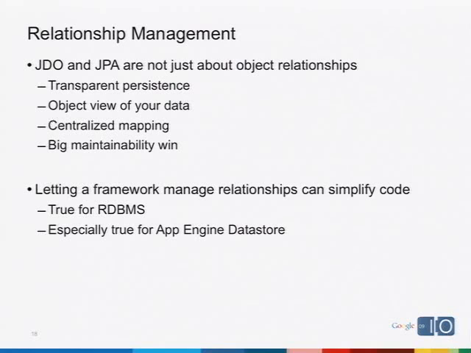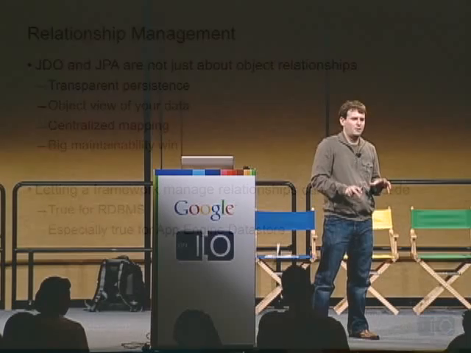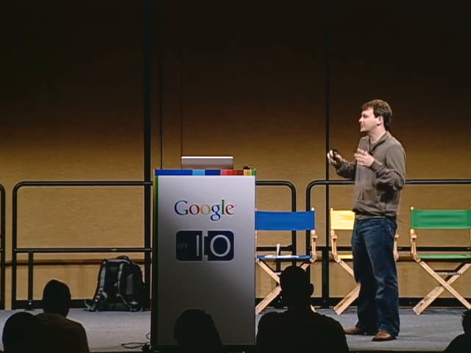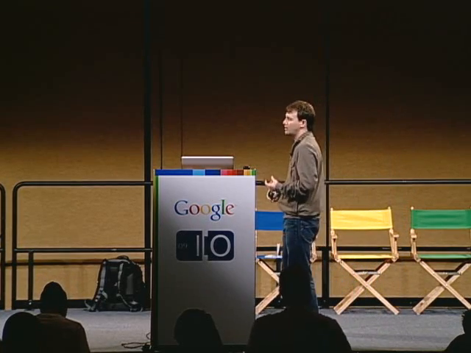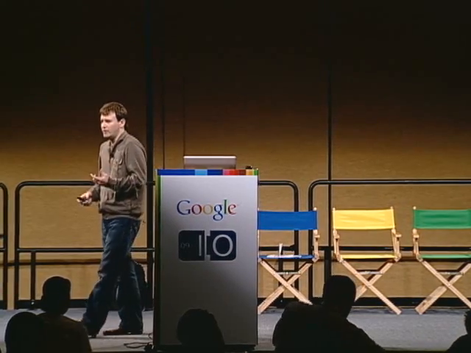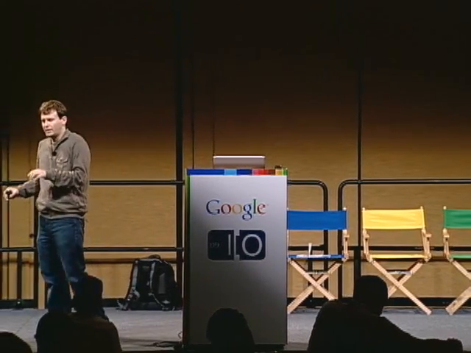And the point that I want to make is that you don't have to take advantage of all of that stuff to find JDO and JPA useful. The biggest benefit, I think, that you get from these technologies is the fact that you have a centralized mapping for the metadata of your model objects. Right? It's not scattered around your application in a bunch of properties files that have SQL statements or Java files that have JDBC code.